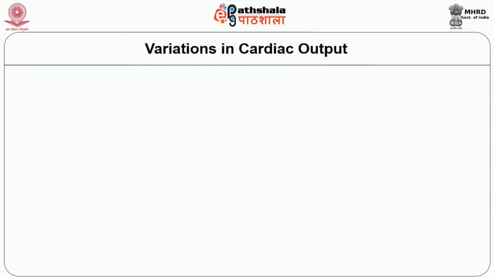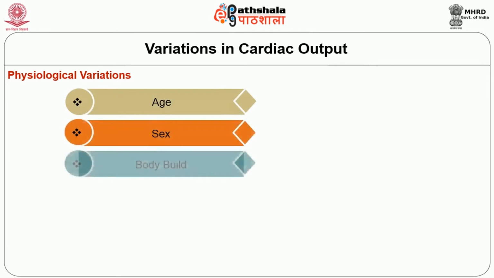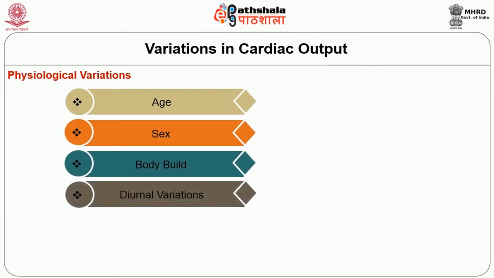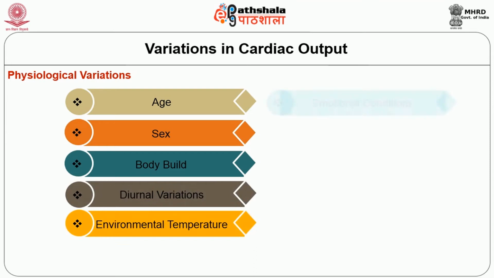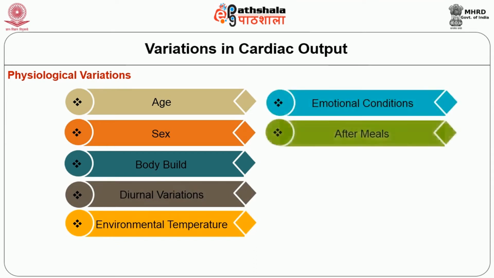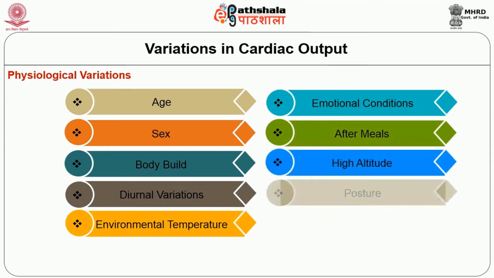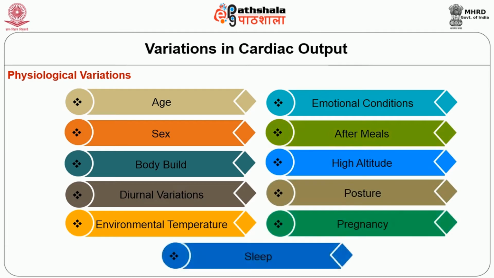Now, we will see the variations in cardiac output. Variations in cardiac output occur in physiological variations like age, sex, body build, diurnal variations, environmental temperature, emotional conditions, after meals, high altitude, posture, pregnancy, and sleep.